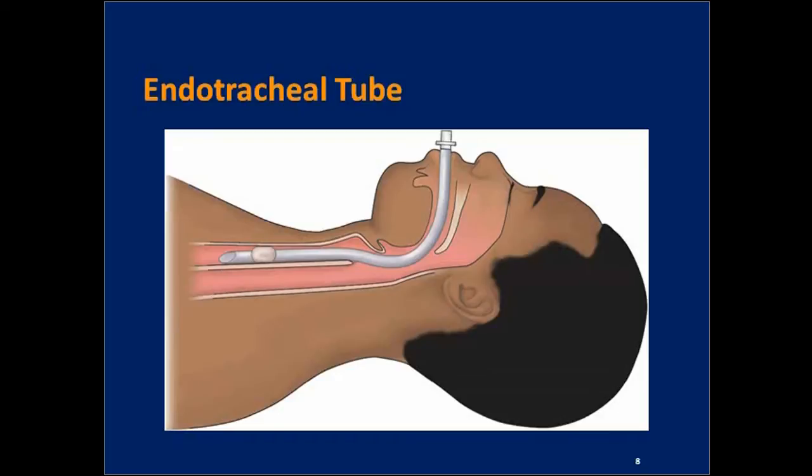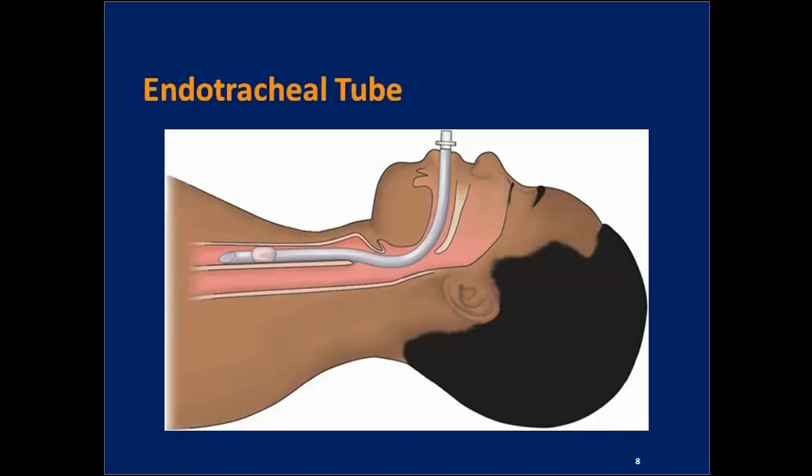Once it's placed, you listen to breath sounds, and if you were to hear breath sounds only on the right side as opposed to the left, then if you remember the anatomy, you have a right main stem bronchus, and that is the natural way that the ET tube will track. It will naturally track down the right main stem. So if it's advanced too far, it's going to go into the right main stem, and you will only hear breath sounds on the right side. You won't really hear any breath sounds on the left side.